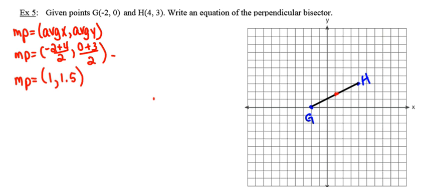That takes care of the bisector part. Now I have to worry about perpendicular. Perpendicular, I'm going to find slope. So again, I write the formula down, change in y over change in x. My 2 y values are 0 and 3.